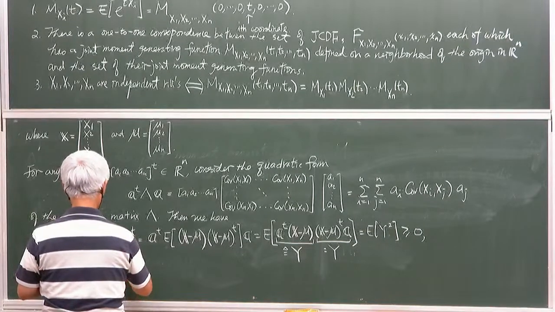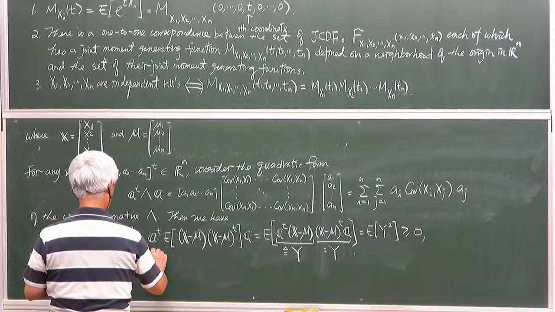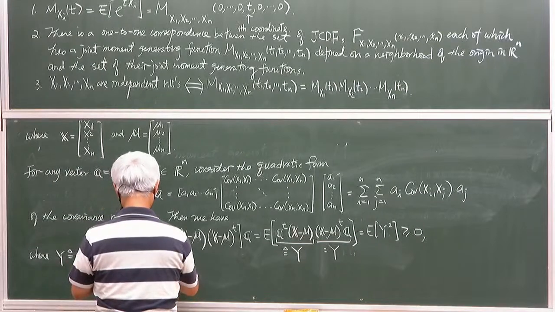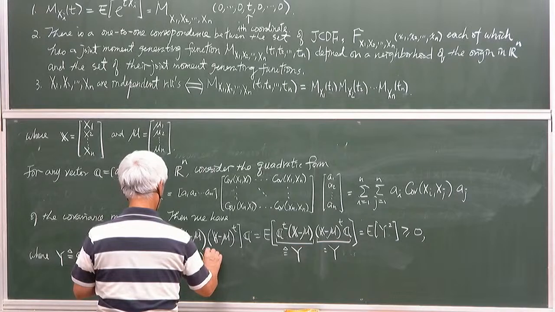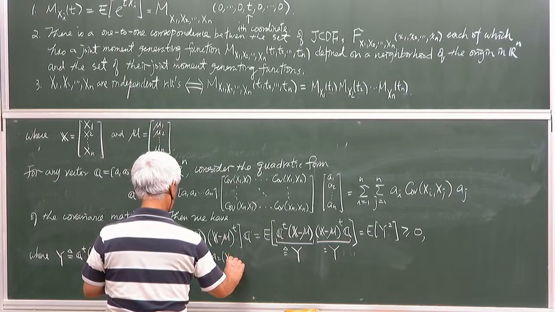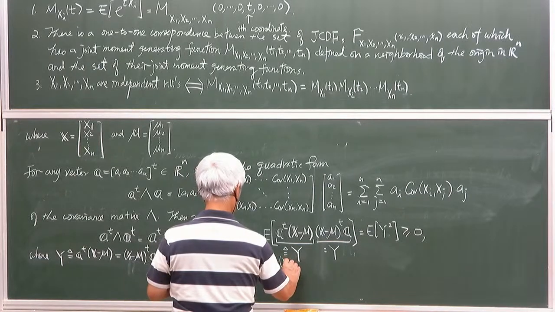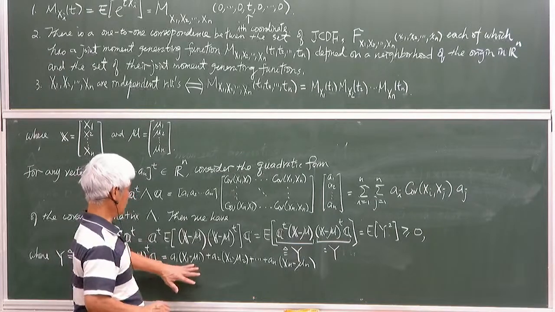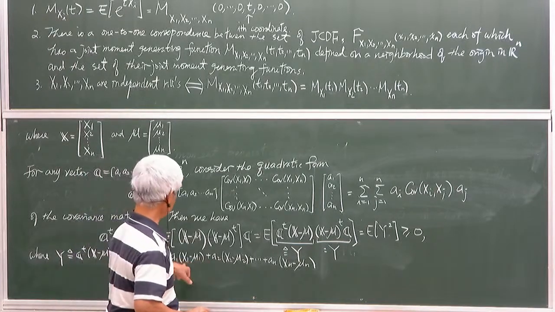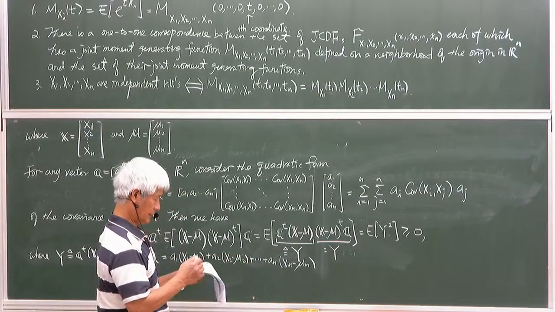This is a1 (x1 minus mu1) plus a2 (x2 minus mu2) up to an (xn minus mun). So you can see y is a linear combination of x1, x2, up to xn plus a constant.